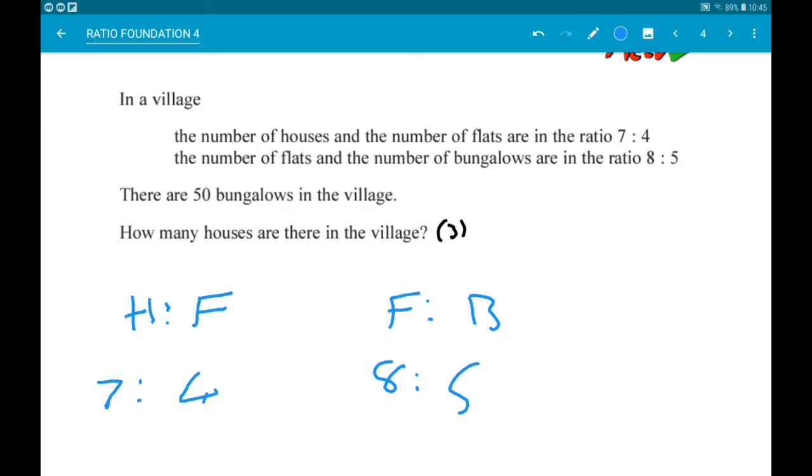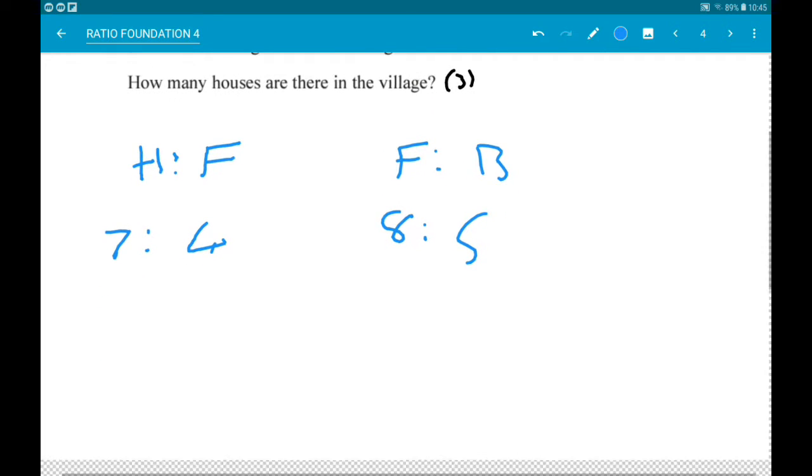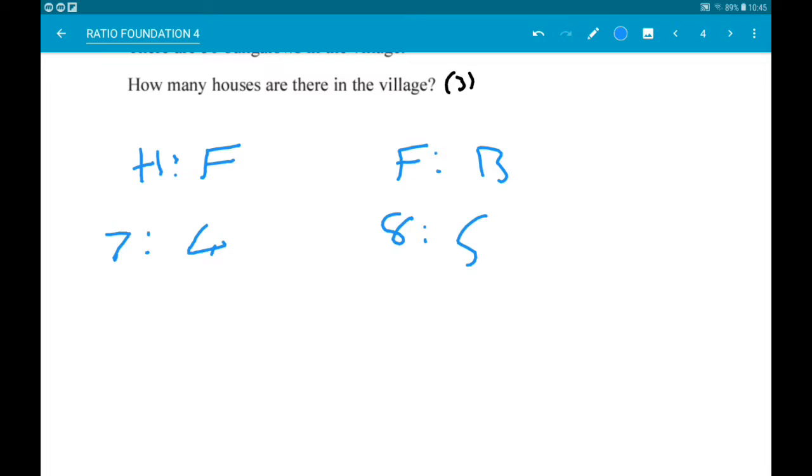Okay, so there are a few ways we could do this. The way that I'm going to do it, because it's good practice, is to combine the ratios. So the trick to doing this is whatever turns up in both ratios. So here, that's flats.